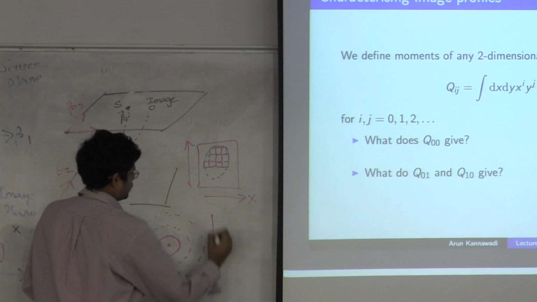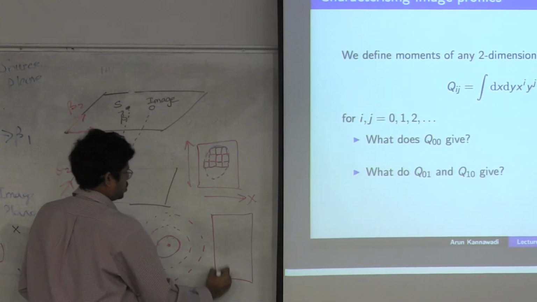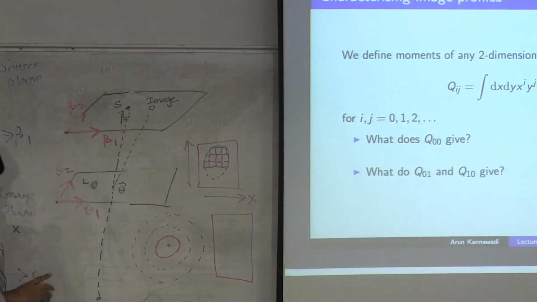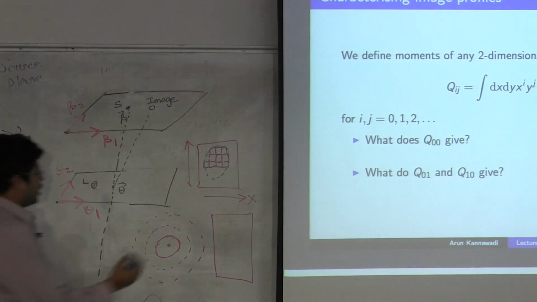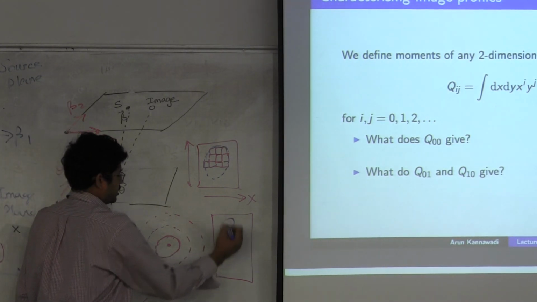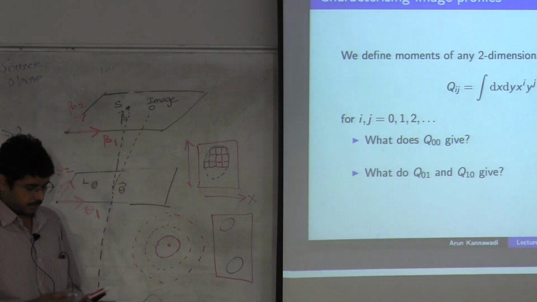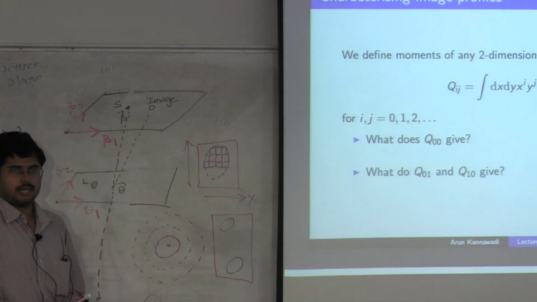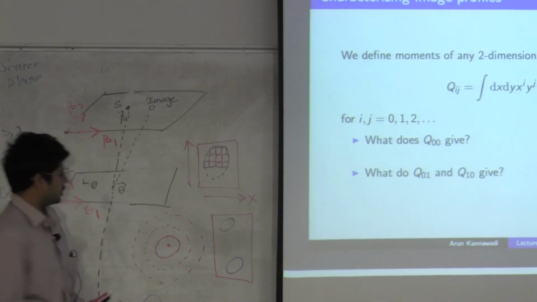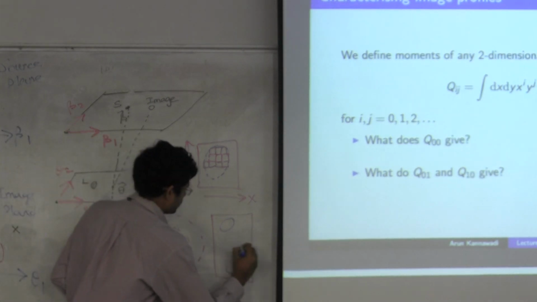Okay, so if I have an image here, whether I have a galaxy here or whether I have the galaxy here, Q00 is going to be the same because it's just about the total flux, and let's just call this the origin.